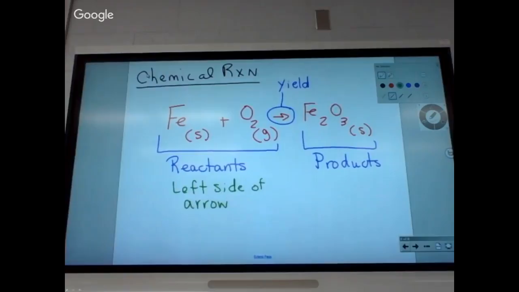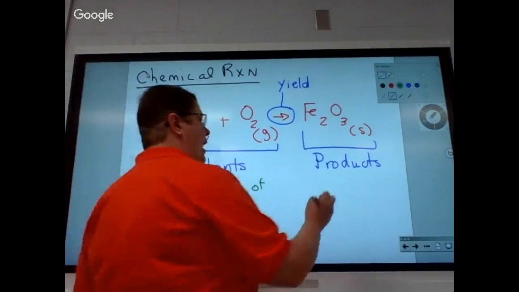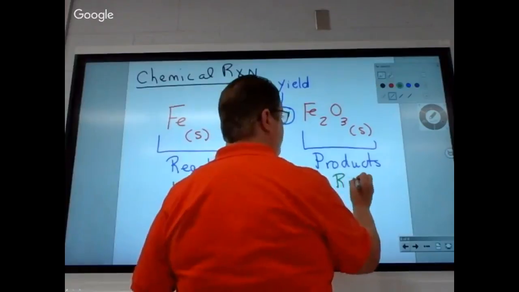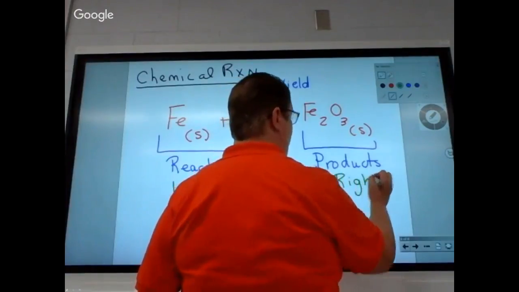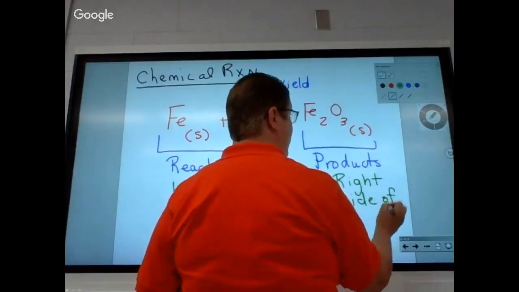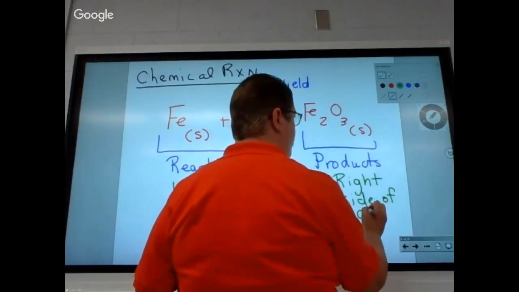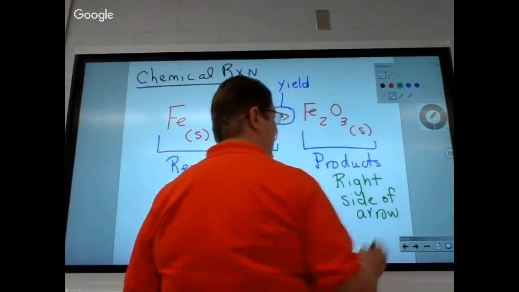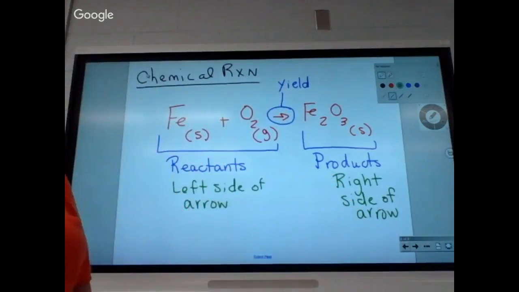However, the left side of the arrow is always the reactants. The products are always the right side of the arrow. It does not matter how many things are on the left or the right. The left side are the reactants. The right side are the products. The arrow we refer to as the yield sign. We don't call it the arrow. We don't call it an equal sign. We call it the yield sign.